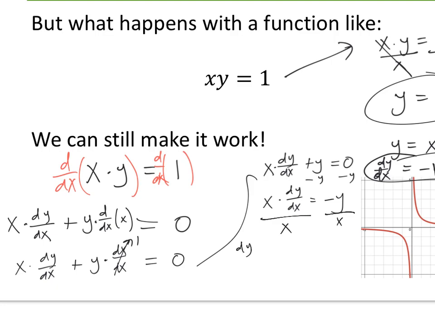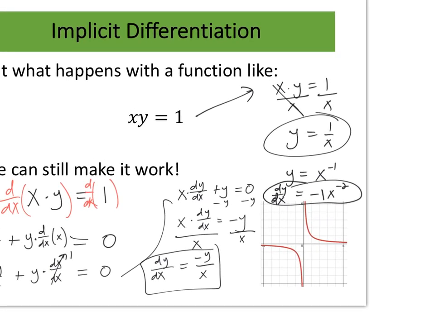So dy dx equals negative y over x. Well, that's funky. This isn't what I expected to see here, because when I took the derivative the proper way the last time, that's not what I got. These dy dx's don't look the same.